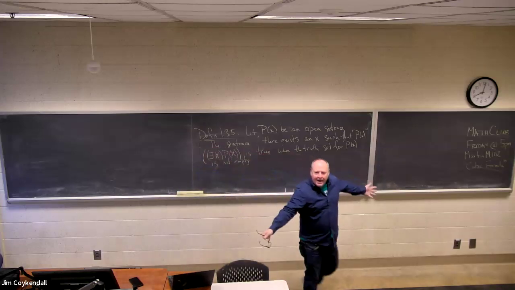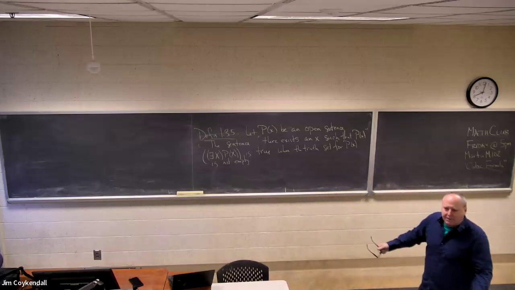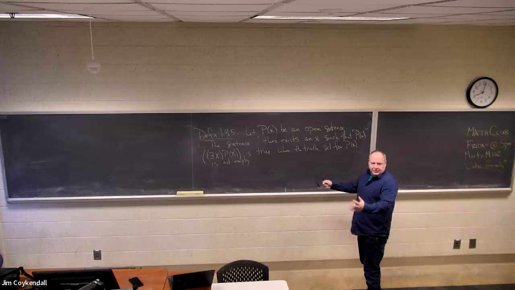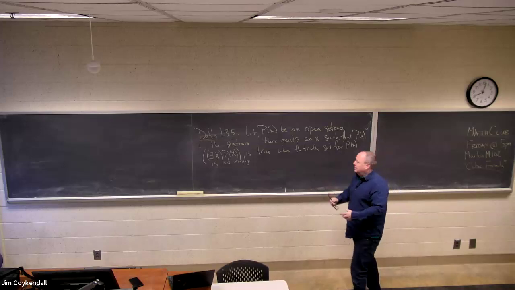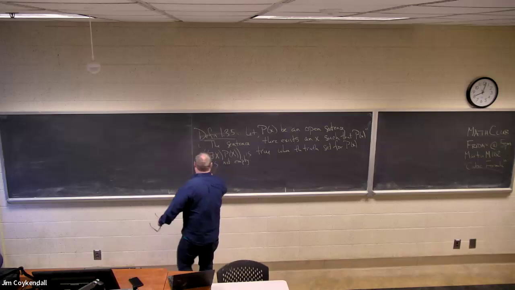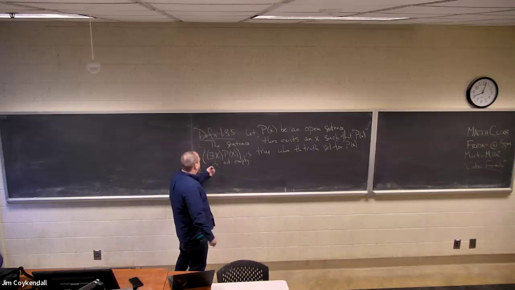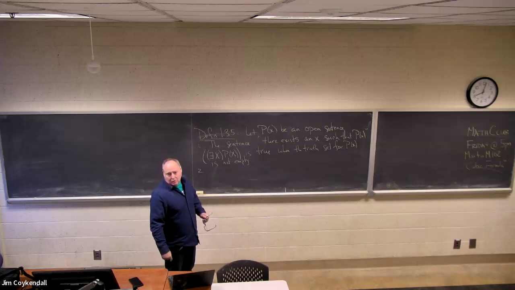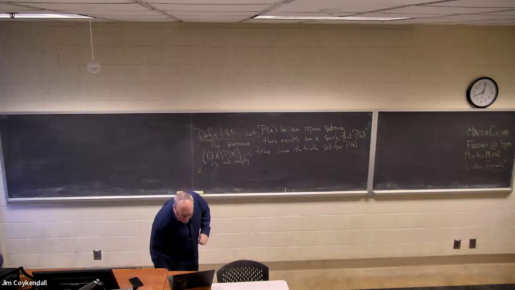So there is some x in the universe that you happen to be living in that makes this statement true. There is some x that makes P of x. Sometimes we call there exists, this backwards E, an existential quantifier.